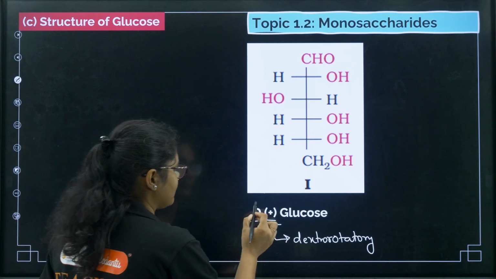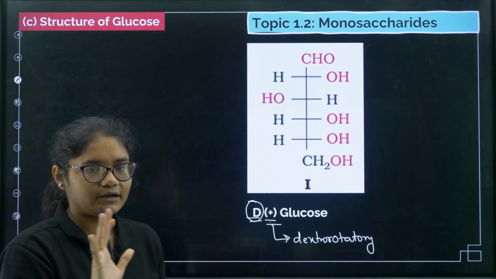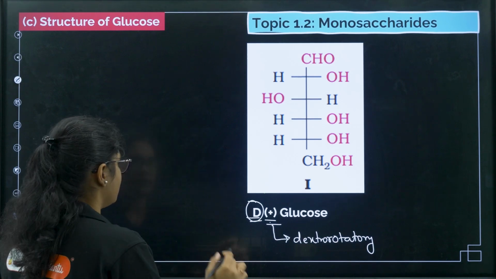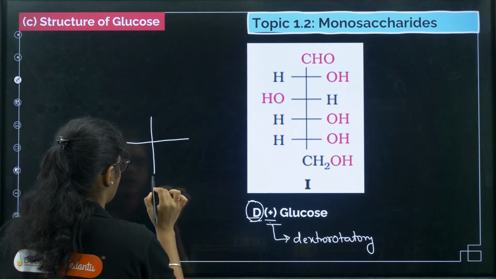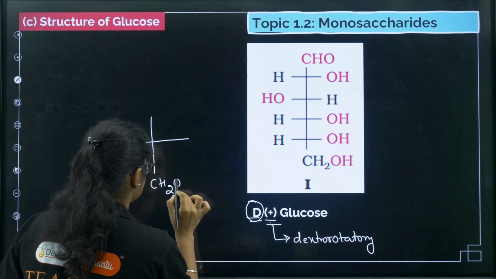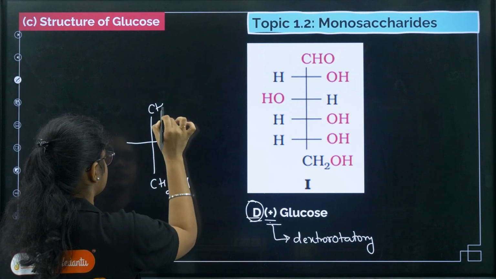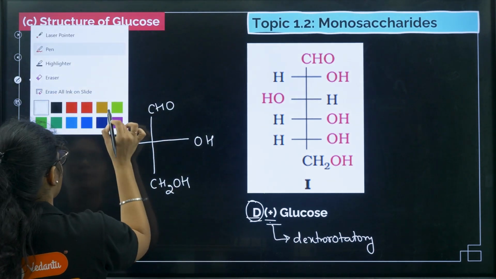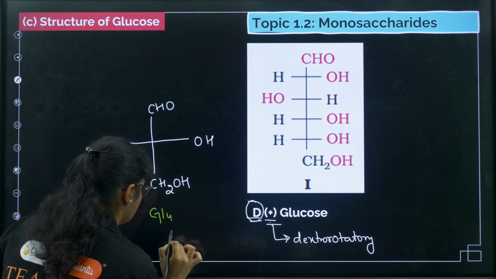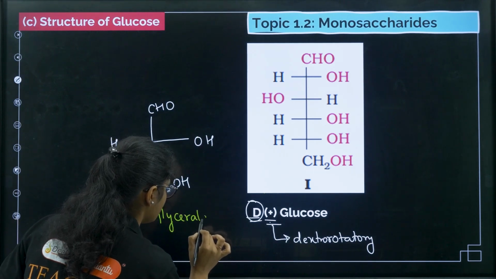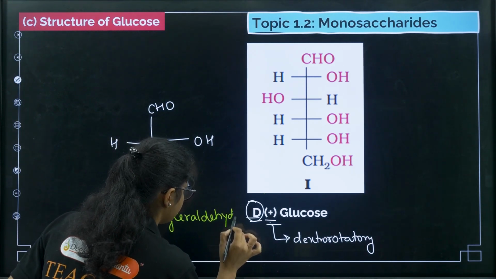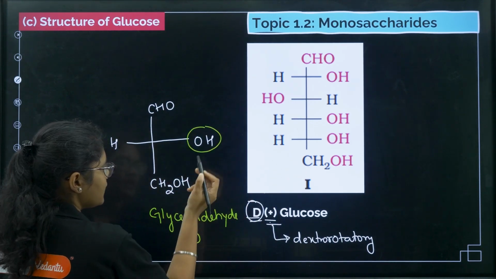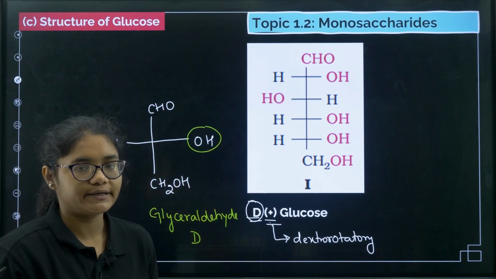Now what does this capital D represent? Capital D doesn't stand for dextrorotatory, that is a different thing. We have a compound like this, CH2OH, CHO, OH and H. This important compound is glyceraldehyde. With reference to this, if the OH is on the right hand side we call it D. If the OH is on the left hand side we call it L. Which carbon?